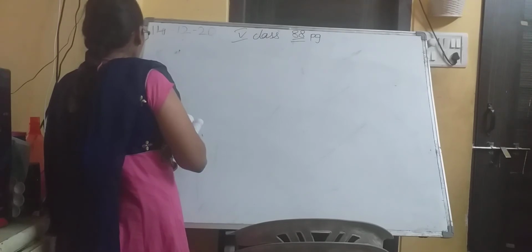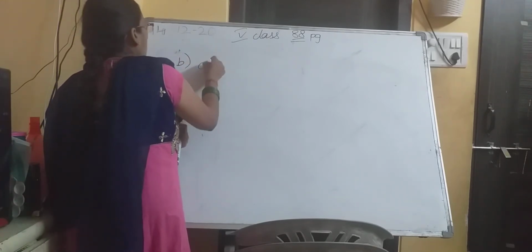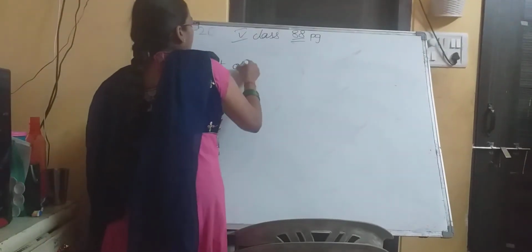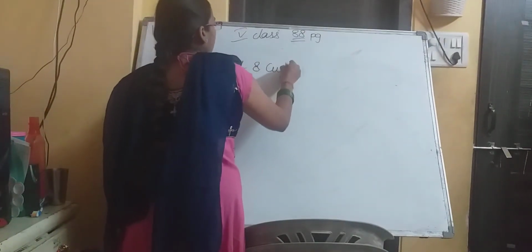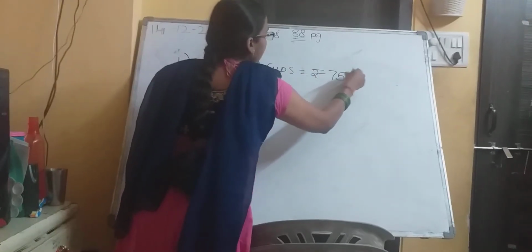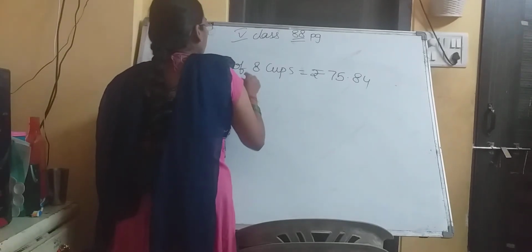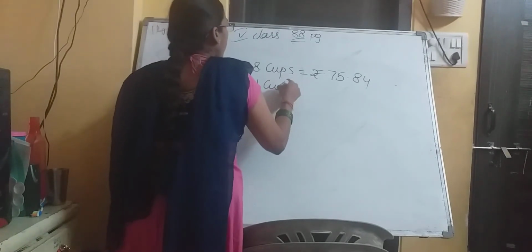You do A sum for homework, children. B1. Cost of 8 cups is equal to rupees 75.84. Cost of 1 cup is equal to how much?